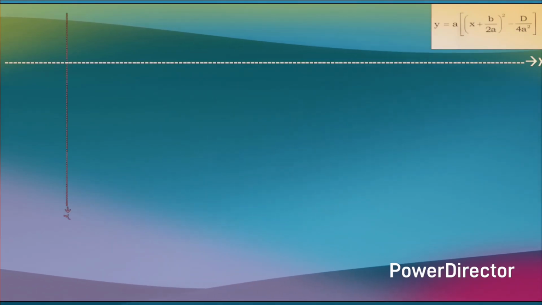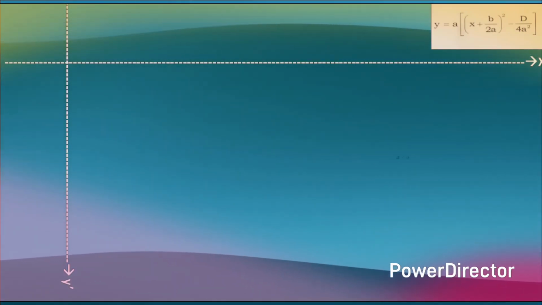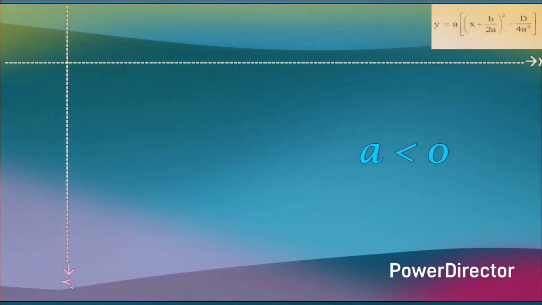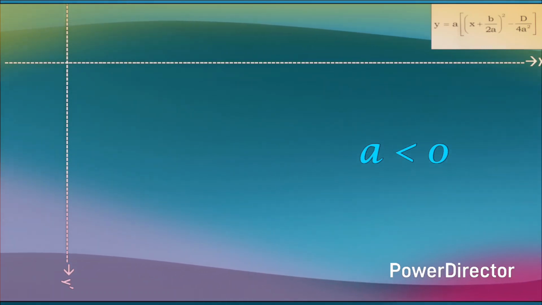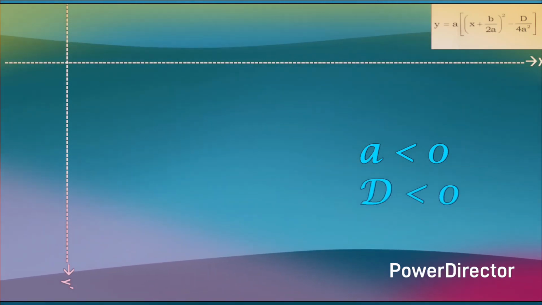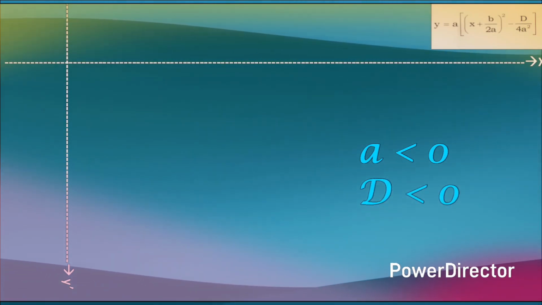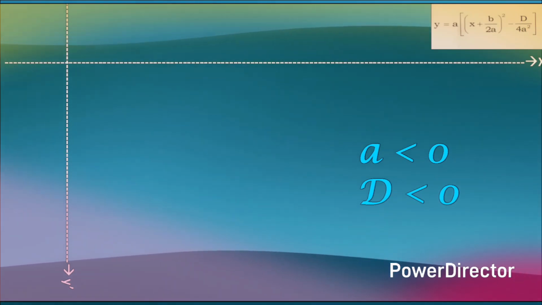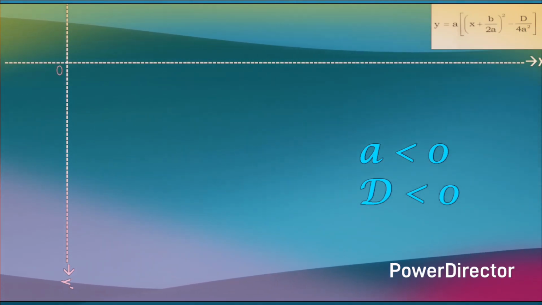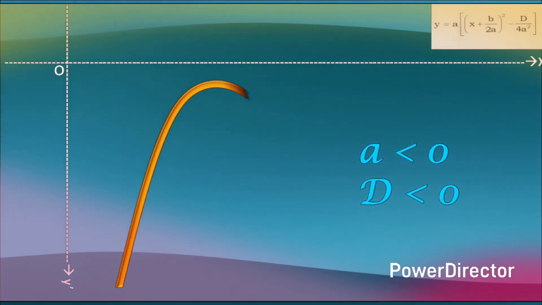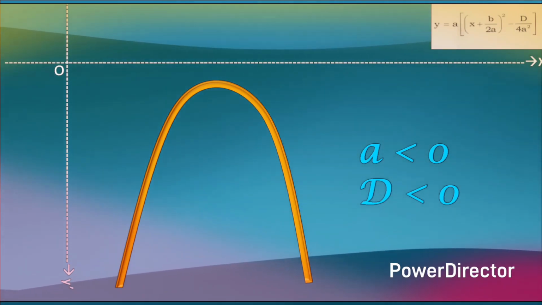Let us see if a is less than 0. If a is less than 0, then the curve is downwards. We have taken one more case here, d less than 0. So the discriminant is less than 0, and it will lie below the x-axis.